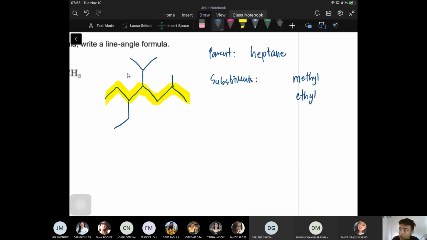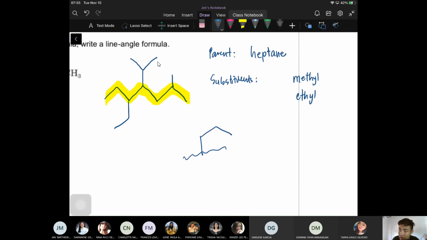Ito, tatlong carbon to. However, the drawing is not the usual propane drawing. Kasi yung propane drawing, naka-zigzag lang siya. So, ganito kasi yung usual propane drawing. 1, 2, 3. Tatlong carbons na magkakadugtong. This time, hindi.